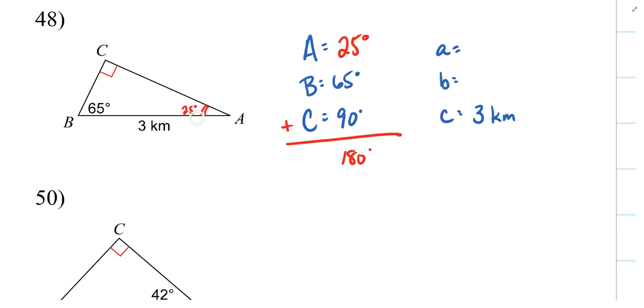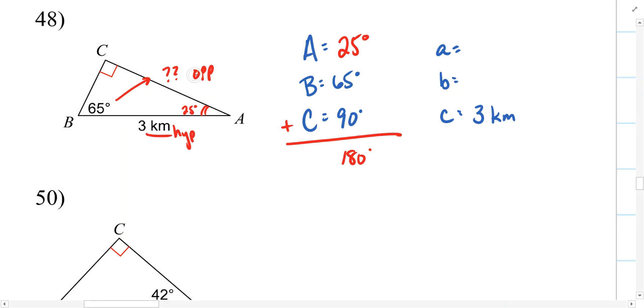And with that angle measure known, that gives us some options when looking for side lengths A and B. Now, if I'm going to start with angle B, and let's say I'm looking for side length B, which is this side over here, what I might recognize is that this is an opposite side length, and we're also provided a hypotenuse side length in the triangle already.